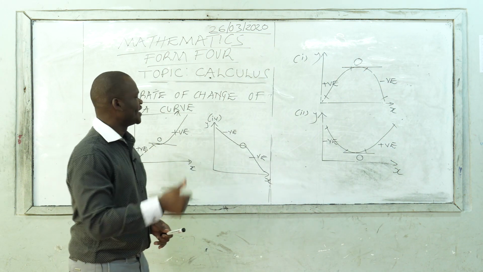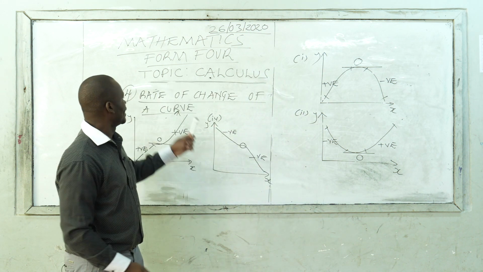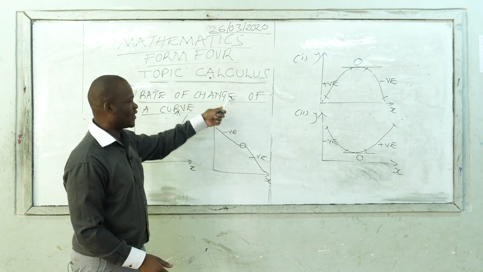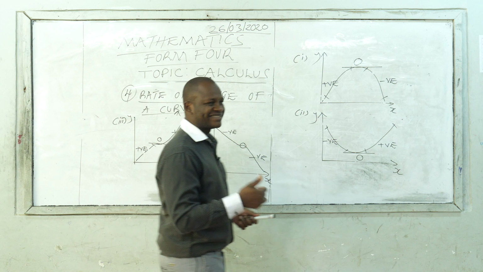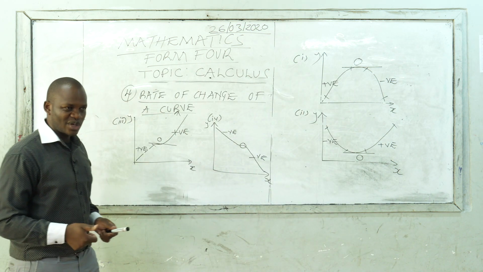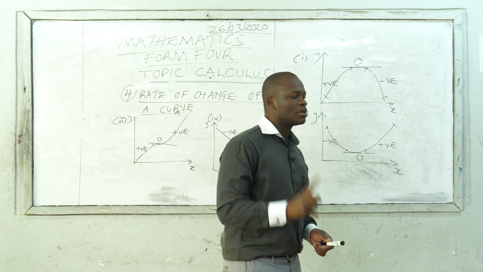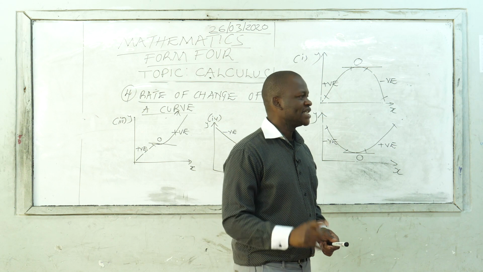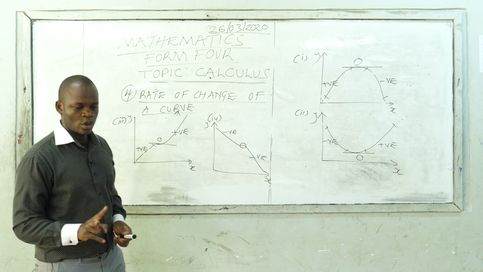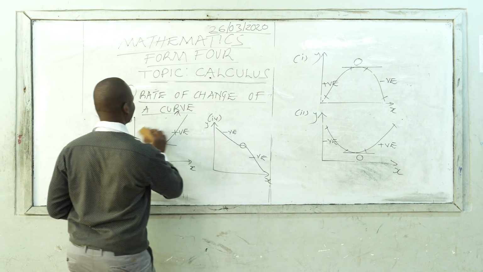So the question is, the moment you get a question in the exam in regard to the rate of change of a curve or gradient of a curve, how is the question framed? So we are saying the question has to be specific. The gradient of a curve is normally specified in terms of the following two items I'm going to mention. Now, let's quickly discuss that.